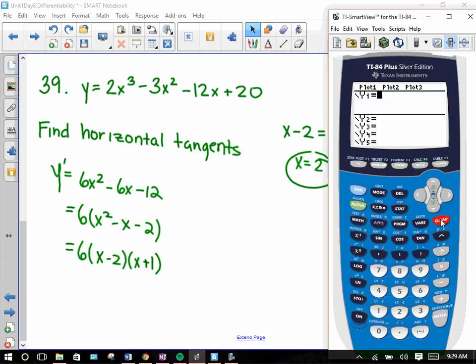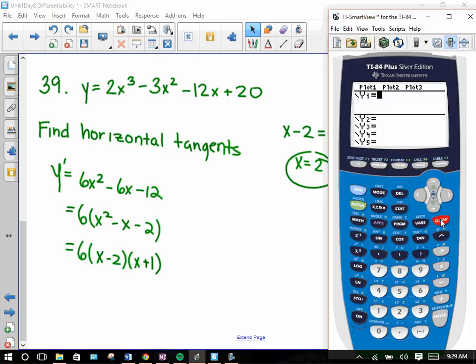I don't remember. Okay, so let's think about this. Where are the horizontal tangents located? Well, what do we have to find? We need to find what? First derivative, and then the horizontal tangents are located where the first derivative is equal to what?